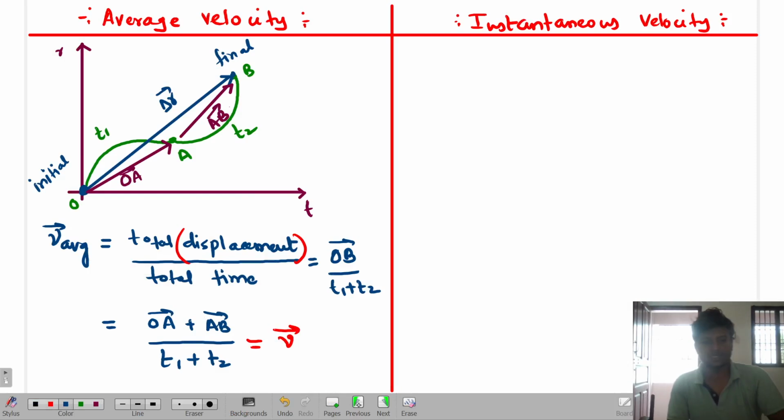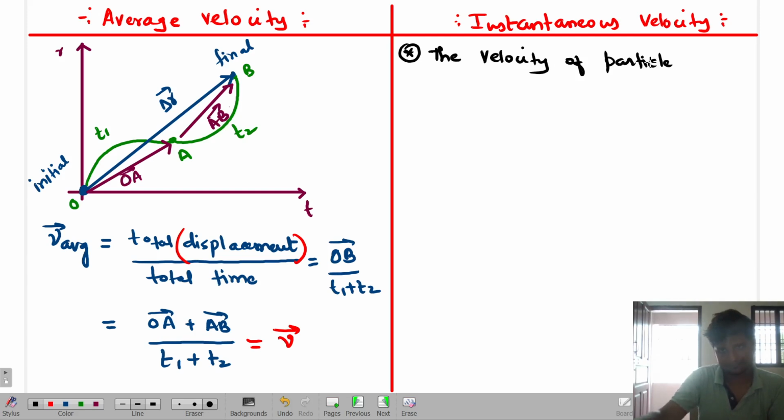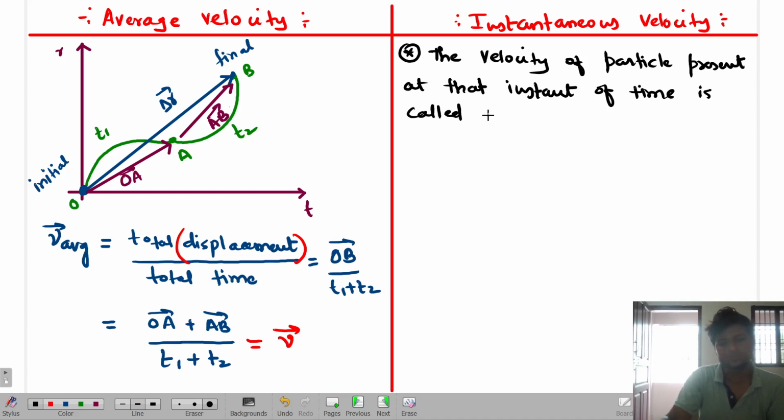Once again, the velocity of a particle present at that instant of time is called instantaneous velocity.